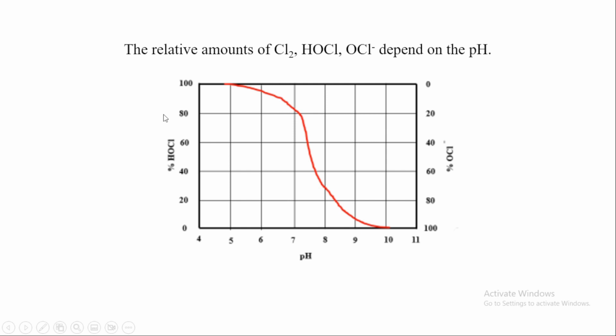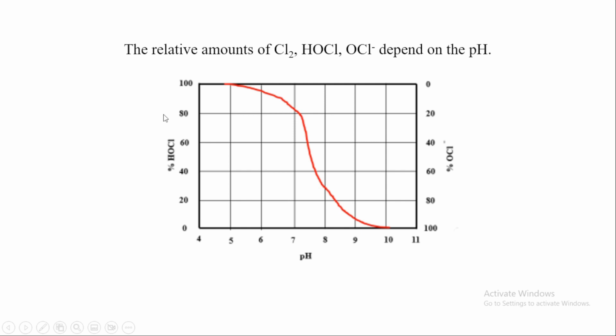Percent HOCl is 100 at pH below 5. Around pH 4, percentage of HOCl is 100 and there is no OCl minus present. As we keep on increasing the pH, the amount of HOCl keeps on decreasing and the amount of OCl minus keeps on increasing.